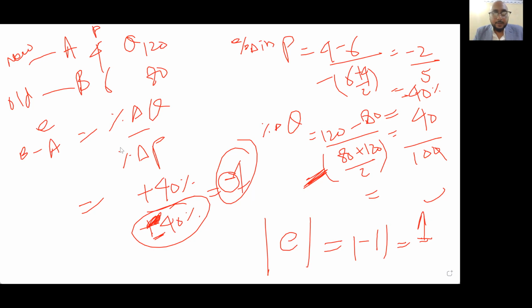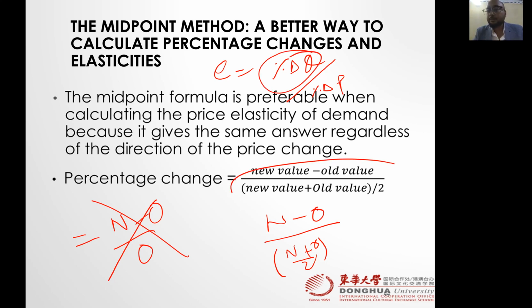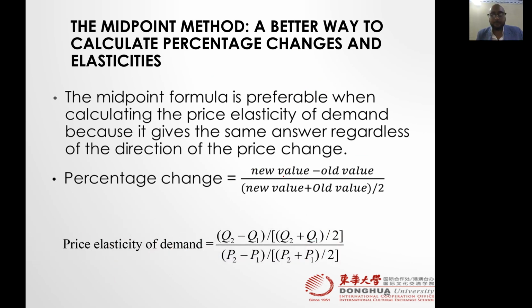So here we go. So from now on, formula is the same, that elasticity is equal to percentage change in quantity divided by percentage change in price. But how we calculate this percentage? Through midpoint formula. So this formula will become now percentage change in quantity through midpoint formula divided by percentage change in price.